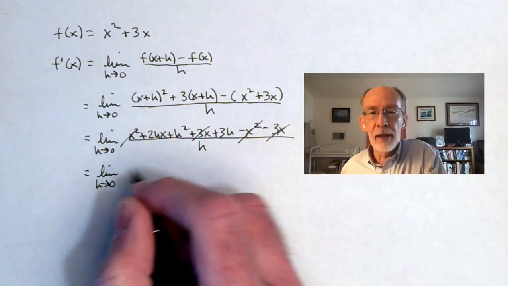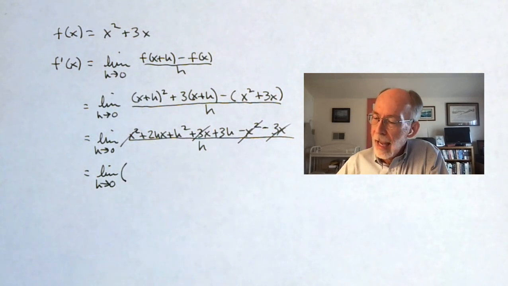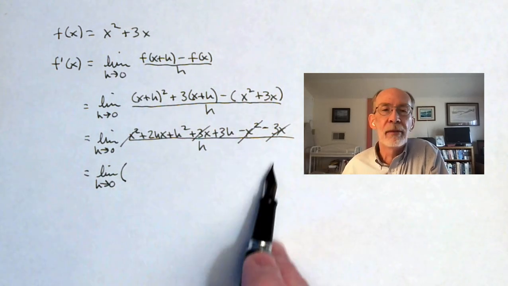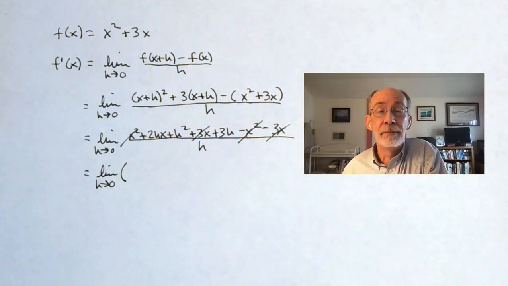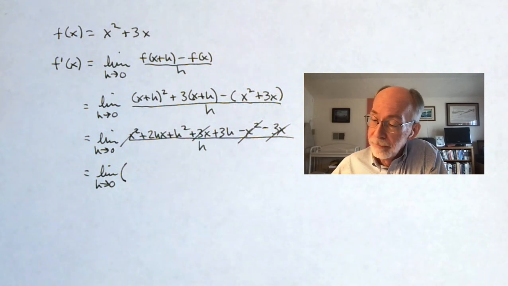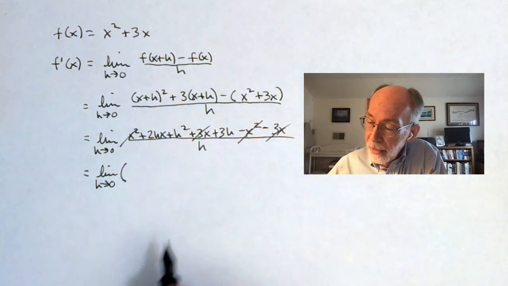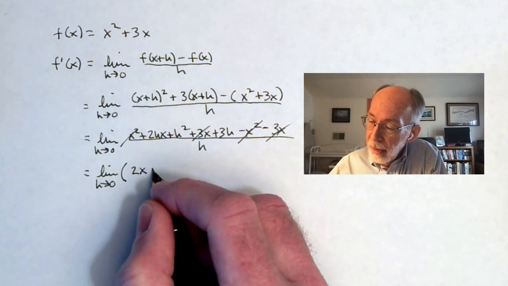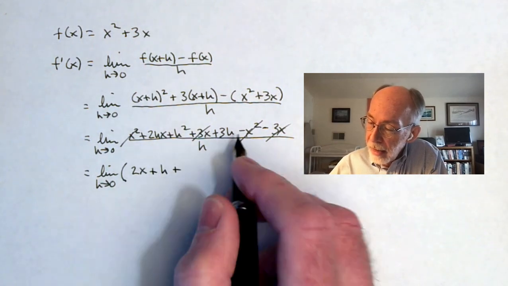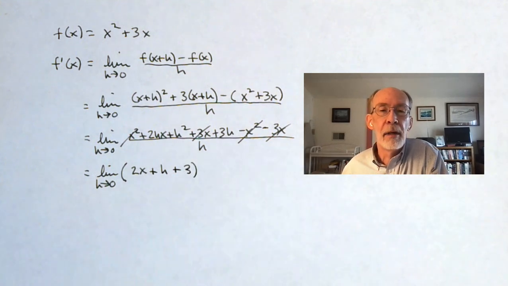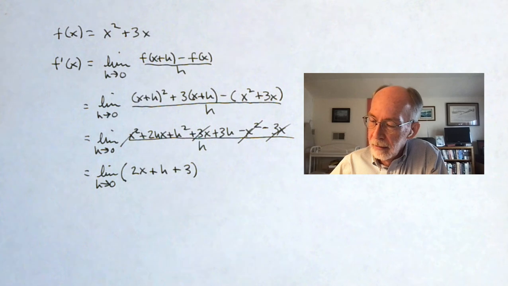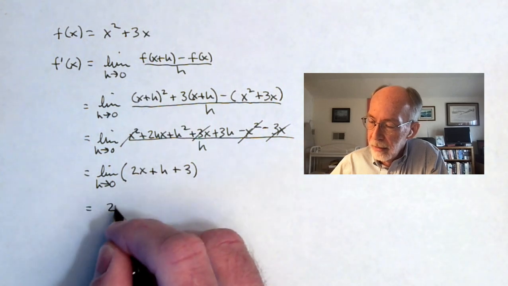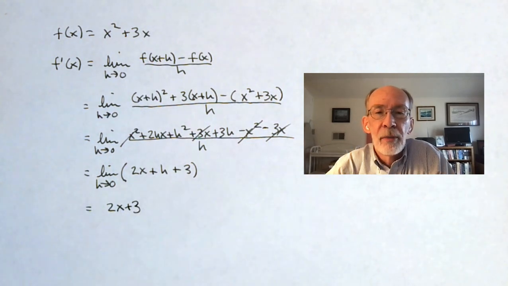And the answer is that it does, because everything that remains at this point has an h in it. So we'll just divide. I pull an h out of 2hx, I have 2x. I pull one out of h squared, I have h. I pull one out of 3h, I have 3. But then, as h approaches 0, what's this going to approach? 2x plus 3, and we did it.